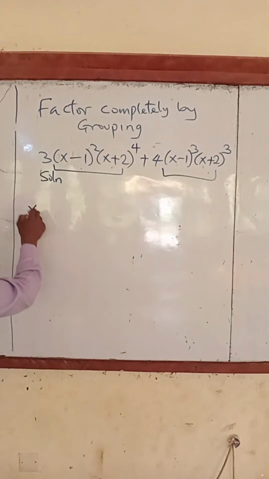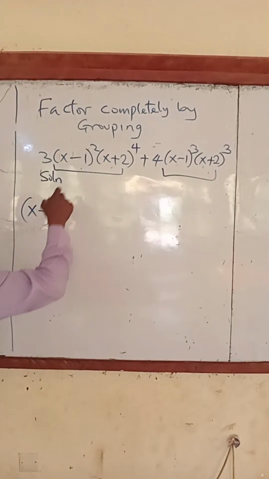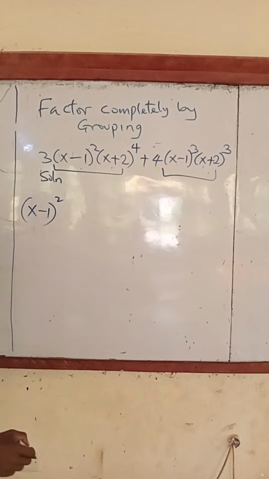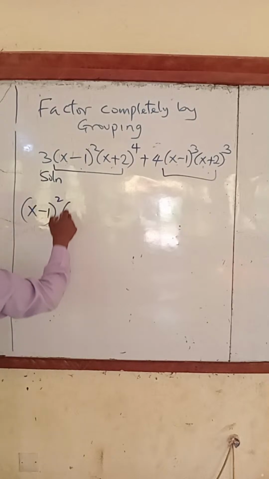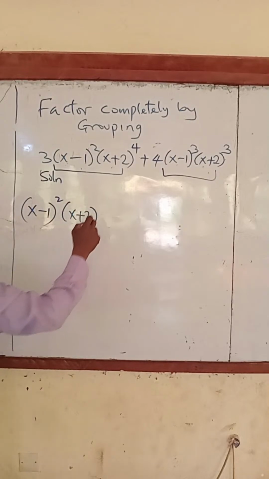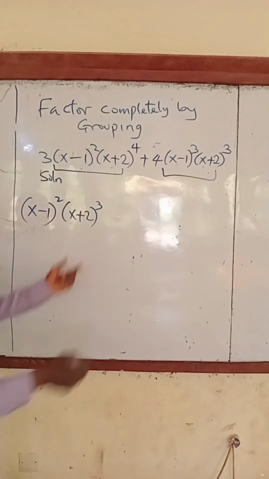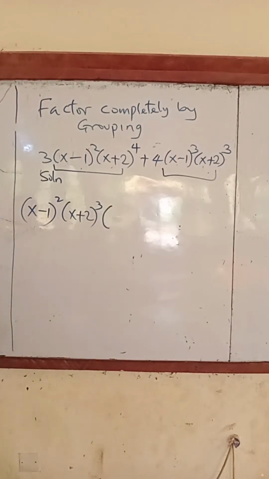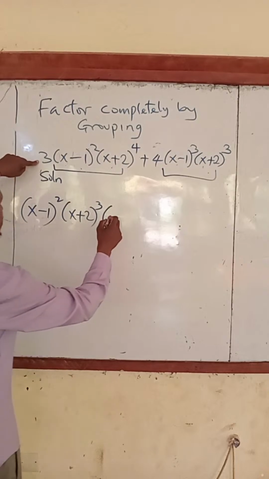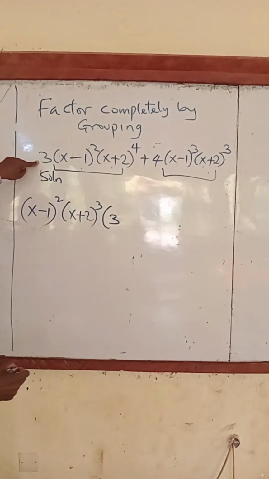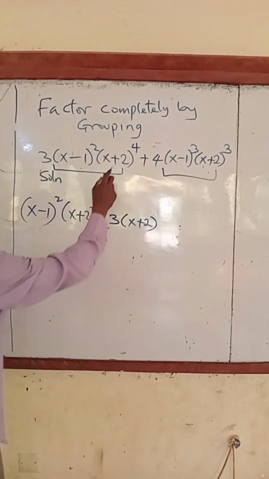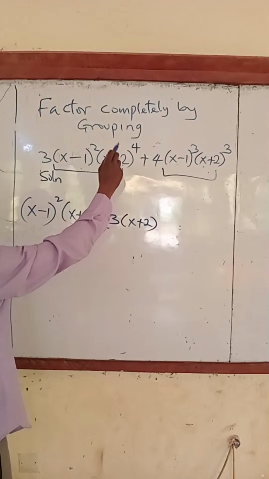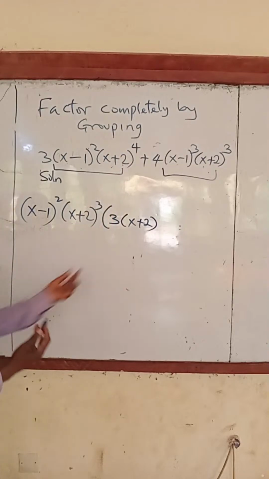So we're going to take the common factor, x minus 1. The least common power is 2, because we have 2 here and 3 here. For x plus 2, the least common power is 3. Then you open your brackets. It's going to remain 3 times x plus 2, because we have 4 of x plus 2 and 3 is already outside, so it remains 1.